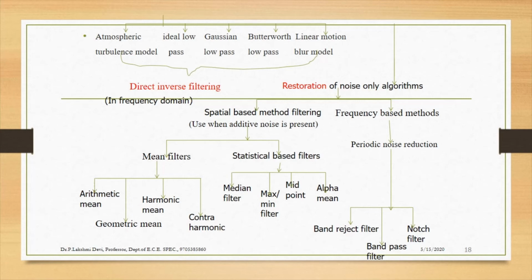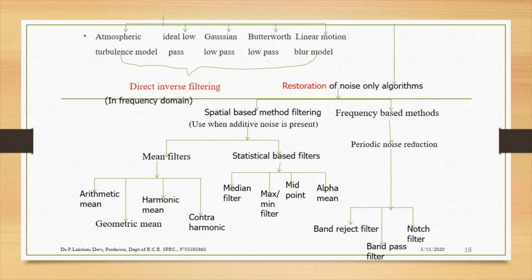For random noise minimization we can use spatial based filtering methods. For periodic noise minimization we can use frequency based methods. These two methods are meant for their own purposes in minimizing the noise affecting a given input image.